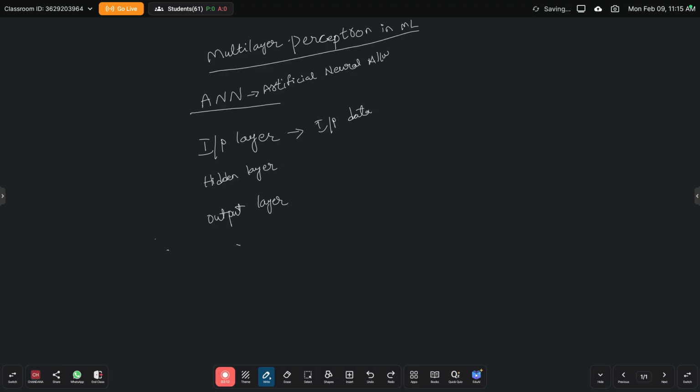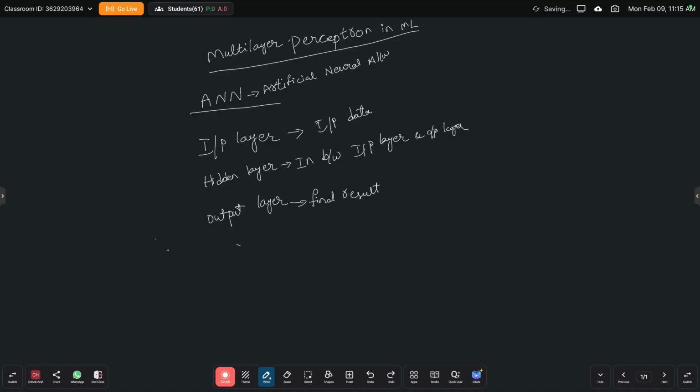The hidden layers are available in between the input layer and output layer. The output layer provides the final result. This is all about multi-layer perceptron layers. In this we have three layers.